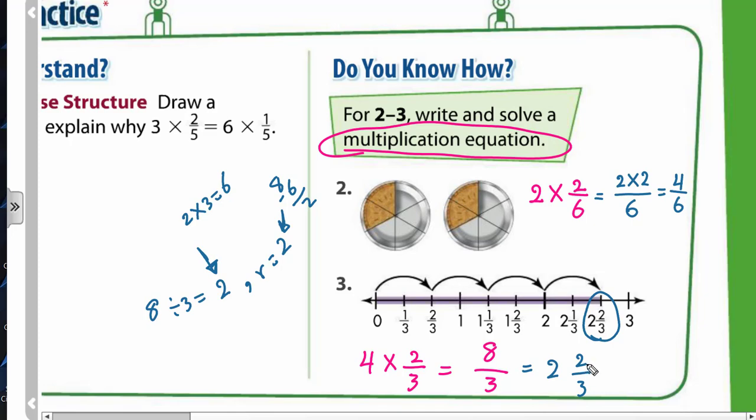Okay, back to Salman now. Salman, you said that we don't need to use multiplication. What if we have a question with large numbers like this? 20 multiplied by 3/5. Yes, you can write 3/5 twenty times, right?